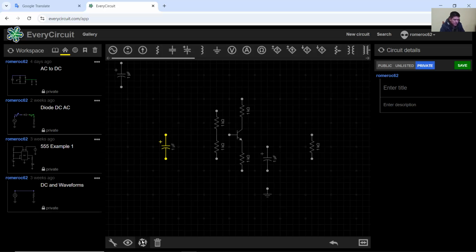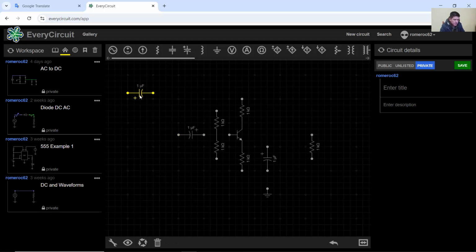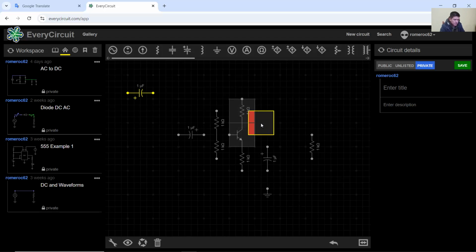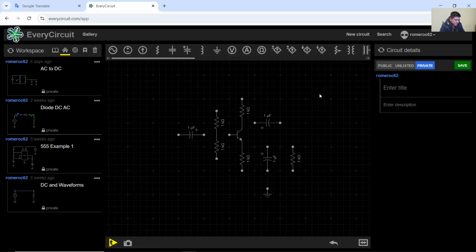Rotate this, okay, just like this, rotate. Rotate this here, okay.